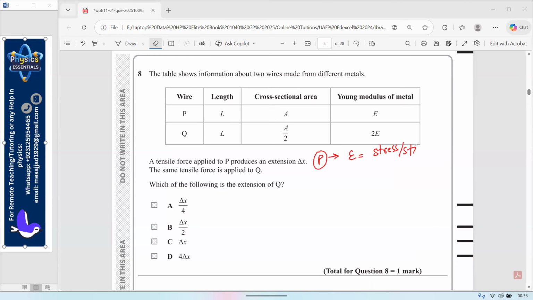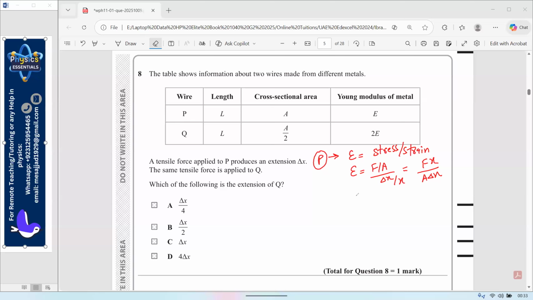over strain, and stress is force over area divided by the strain, which is change in length over original length. Summarizing it, we are going to get F x A delta x.